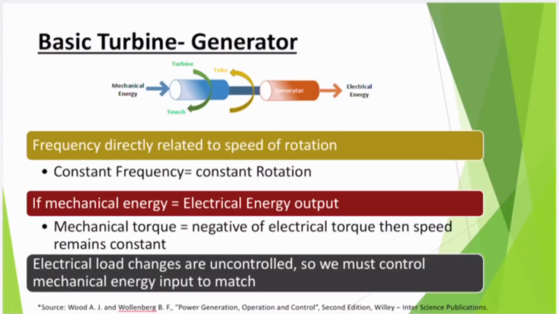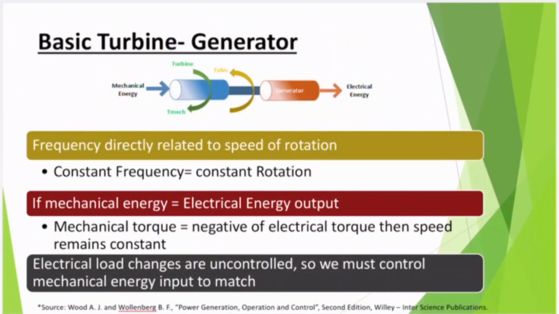Now, first of all, try to understand the basic turbine generator mechanism, what exactly happens. As you could see, there is a rotating device where you give mechanical energy, and the turbine rotates, and that drives your generator, and then you have electrical energy as an output. Frequency is directly related to the speed of rotation.